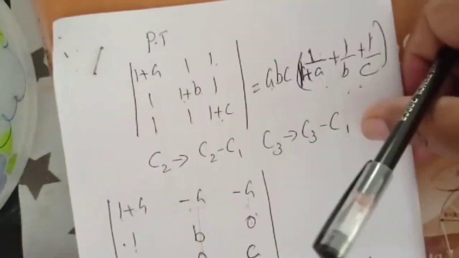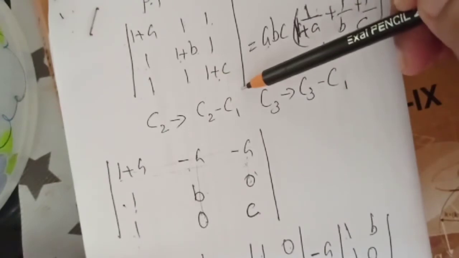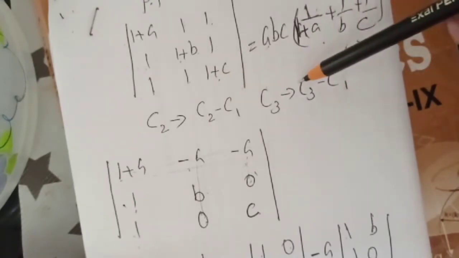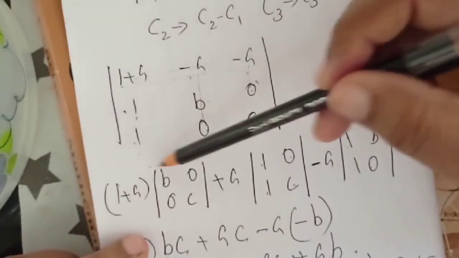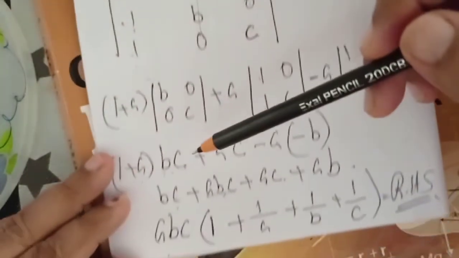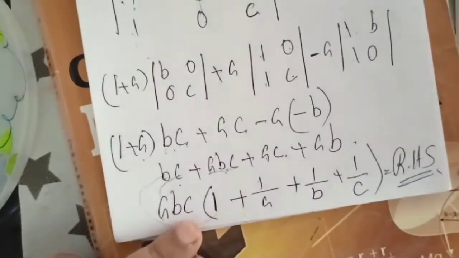Here, only one step: C2 changes to C2 minus C1 and C3 changes to C3 minus C1. After that, expand directly and take the factor ABC outside.